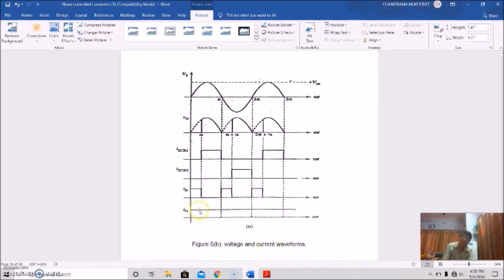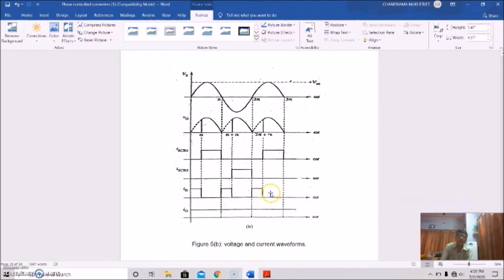So this is how it modified the output voltage waveform. This negative portion has been clamped to 0 due to the presence of this freewheel diode, and this freewheel diode conducts during the delay time. So this is the delay time from 0 to alpha, from pi to pi plus alpha, and so on.